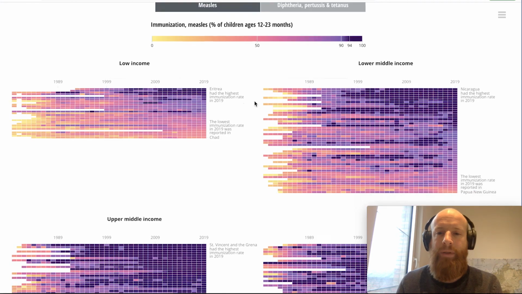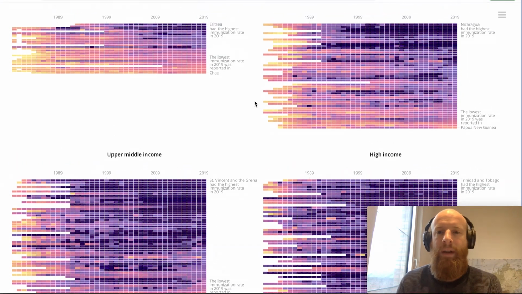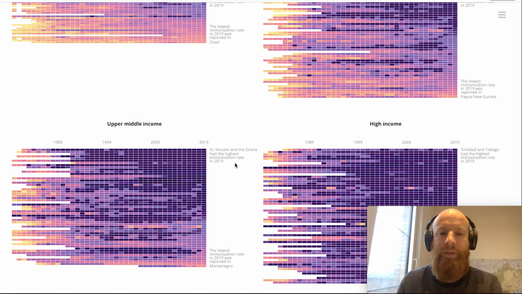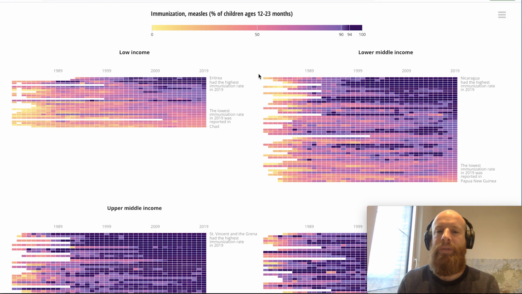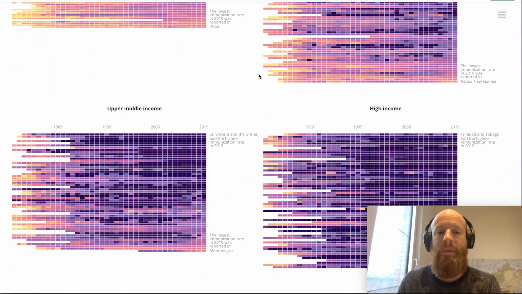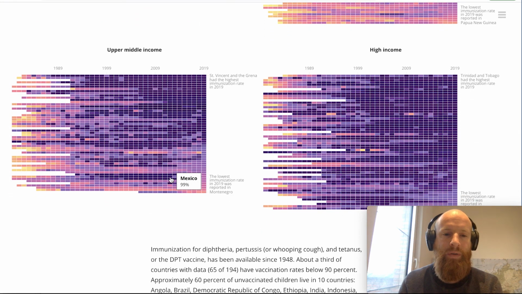And so if you look at this chart, you can see that some of these rectangles are very dark. So we stopped the color gradient at this 94 threshold, which means everything above that would be just this very dark, intense purple, which makes it quite easy to spot the countries that have reached the threshold for herd immunity. And you can see that some countries reached the threshold, but then went back under the threshold. For example, these countries over here.